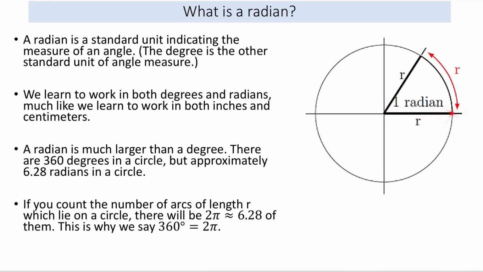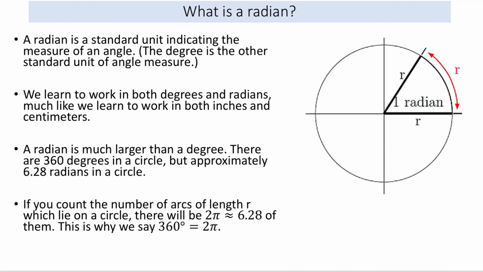A flexible piece the same length as one of these radii, and I drape it over the outside of the circle here, and where these 2 points connect the ends of this flexible radius, I've created what I call a radian. So this amount of sweep right here is how big a radian is.